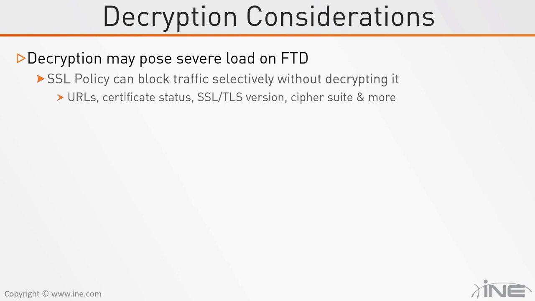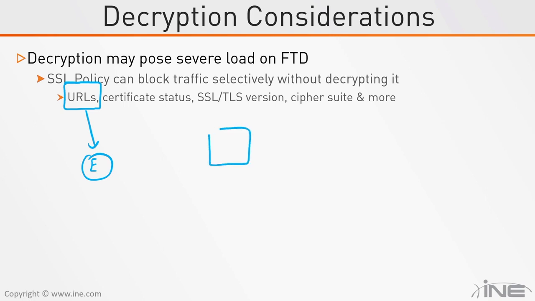And in general, there are going to be two ways we can select encrypted traffic in the SSL policy. We can go for the URLs, but the problem with this approach is that in an SSL TLS session, this information, which is part of the HTTP header, is encrypted.